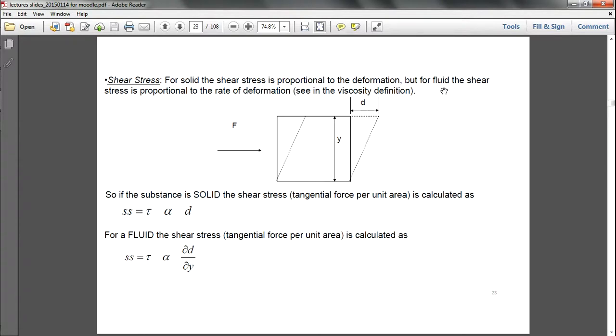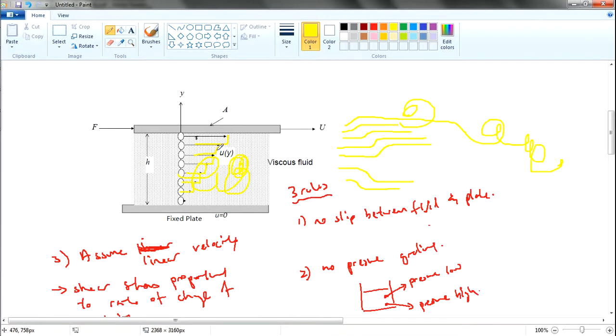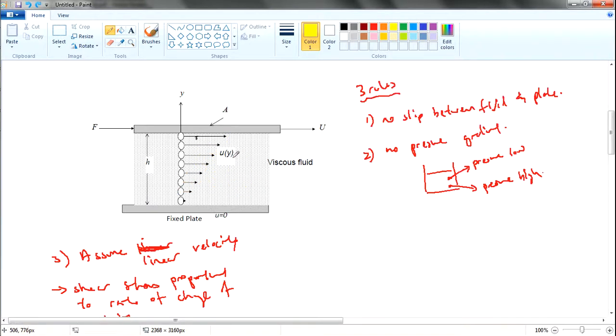Rather, for fluid, the shear stress is proportional to the rate of deformation, as you can see in my very long video. This is the function of u and y. The u is the velocity of the plate, and this is the velocity of the fluid. The velocity of the viscous fluid depends on the plate and the height. If the height is 0, the velocity is actually 0.